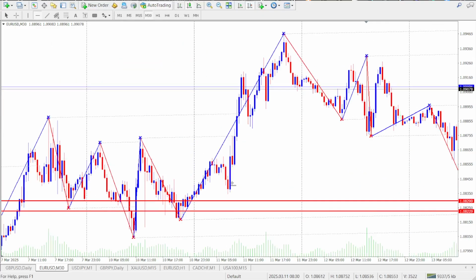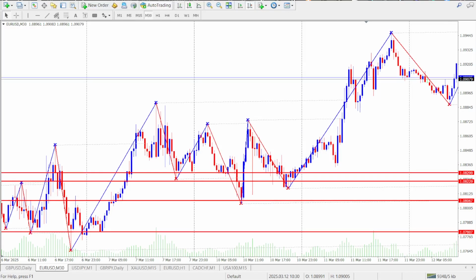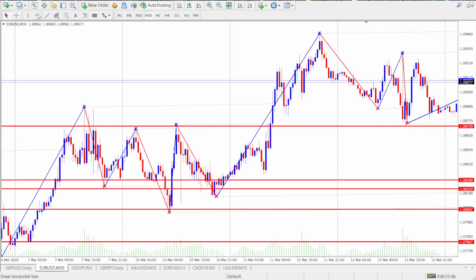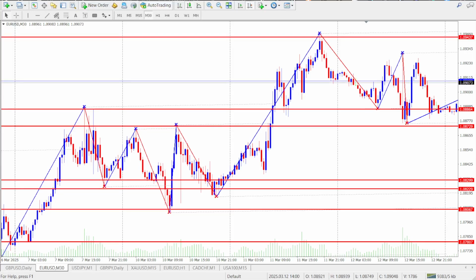Then resistance levels act as a ceiling where price is likely to reverse downwards. Okay, so the level trading 123 indicator marks these areas.